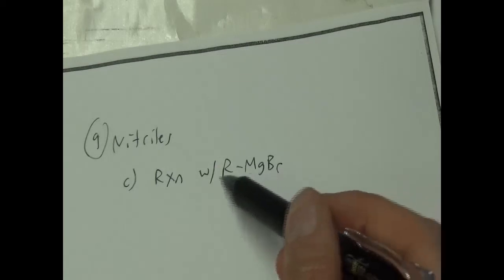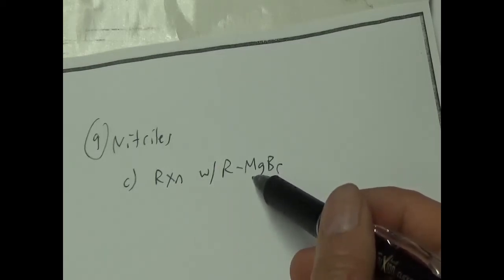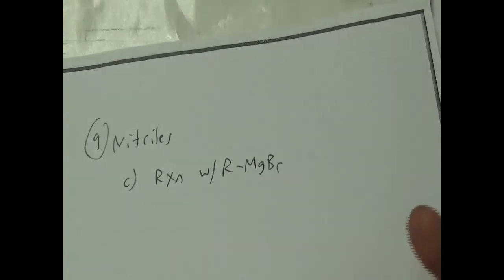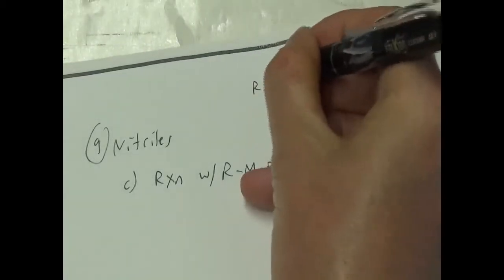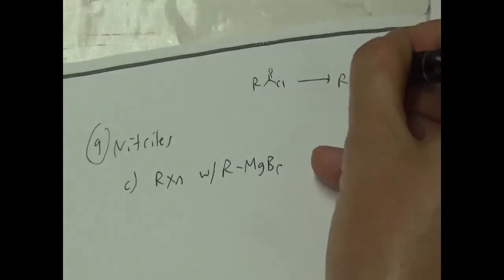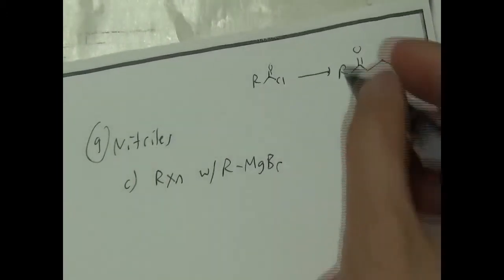And what else? We also learned acid chlorides react with something else to give you a ketone, right? I'll just draw that up here. Acid chloride. There is something special that you can react with to get a ketone. And that was a cuprate.